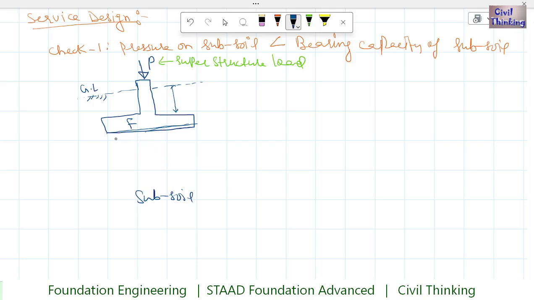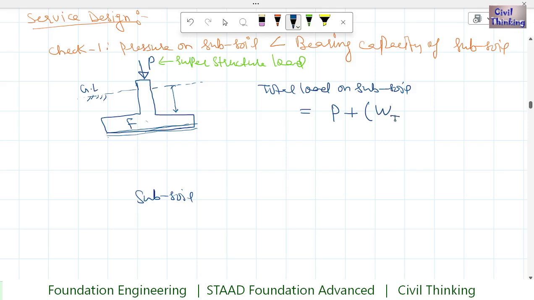Okay, so it also exerts some load on the foundation. Okay, now this is the soil below it. Okay, so what will be the total loads on this soil? Total load on subsoil is what? Is first the load from the superstructure, right? Then we have some additional loads, right? Then we have the weight of the footing, right? Weight will also act on the subsoil.